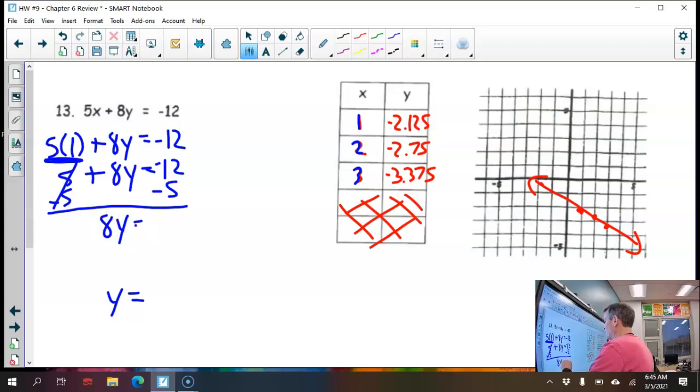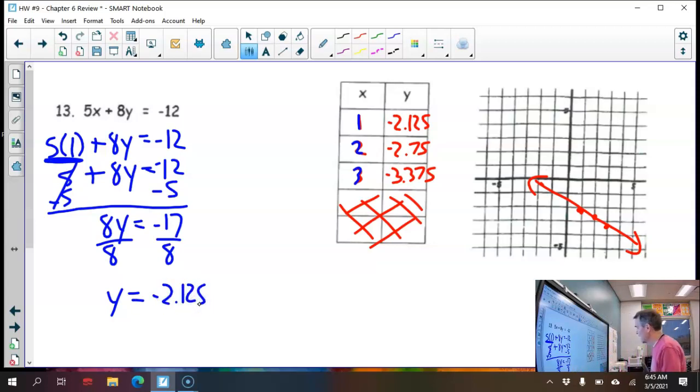That gives me 8y equals -17. Then I would divide both sides by 8. And if I divide -17 by 8, I get -2.125. I would actually be okay if you rounded that to the nearest 1 decimal place. Or if you want to keep all 3 decimals, you can.